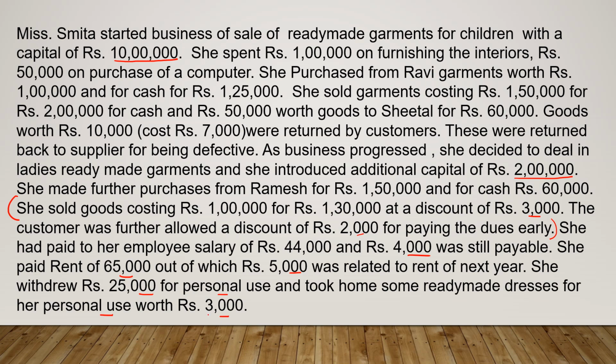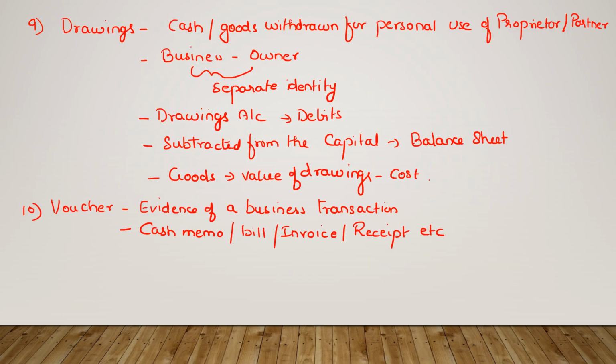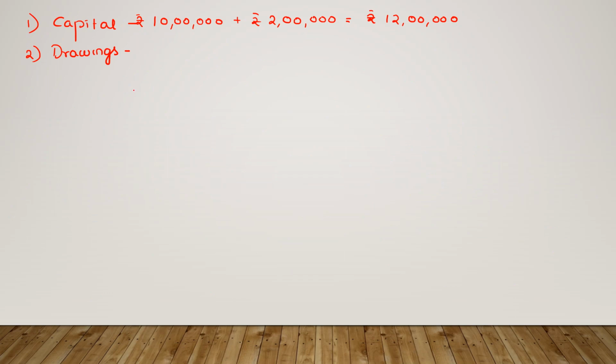So the total amount of drawings is rupees 25,000 in cash withdrawal, and rupees 3,000 in the form of goods she has withdrawn. So the total amount, 28,000 rupees, is the amount of her drawings. This would be deducted from her capital in the balance sheet.